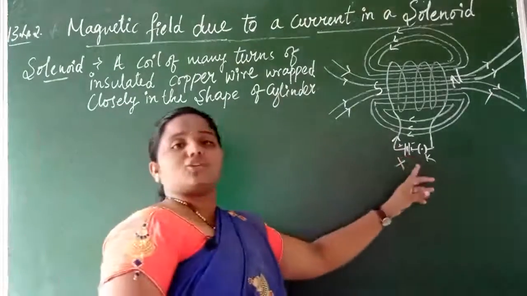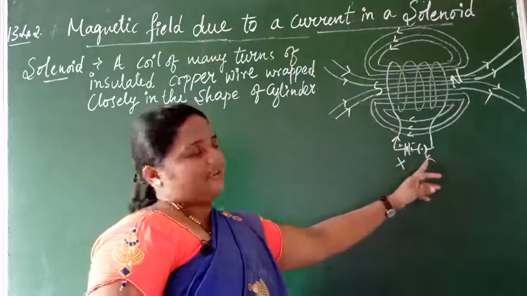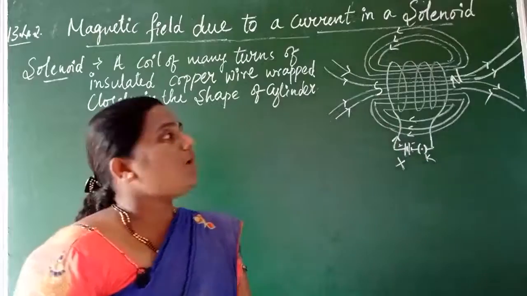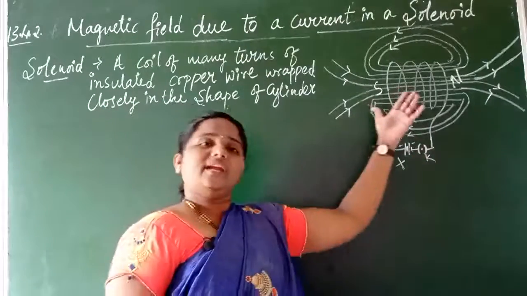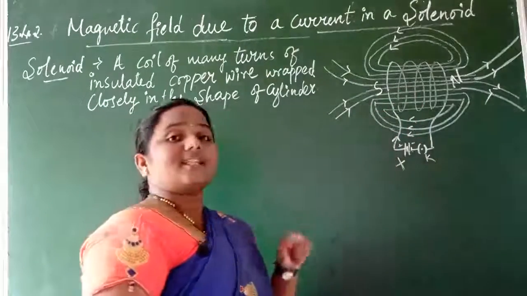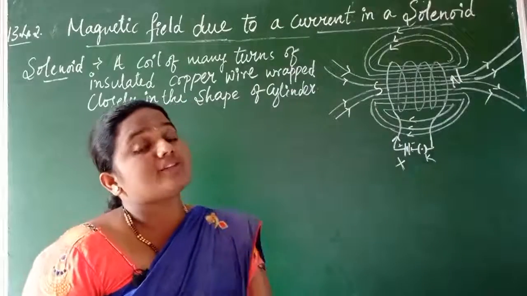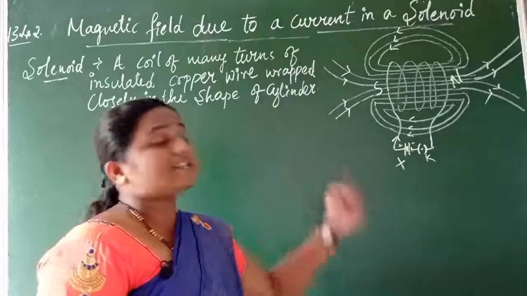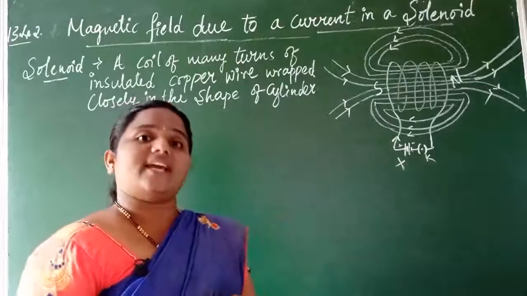When I switch on, that is, when we plug the key, the current starts flowing inside the solenoid. So when the current starts flowing in the coil, what happens ultimately? A magnetic effect has to be produced there, isn't it? Magnetism has to be generated over there, isn't it?